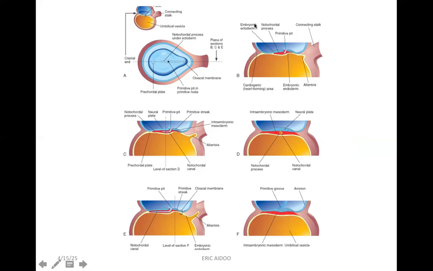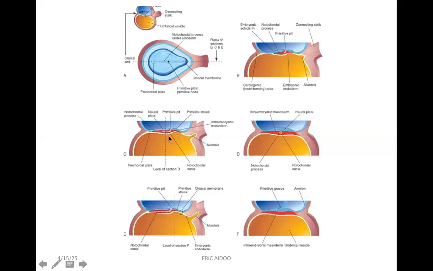All right, so the embryonic ectoderm is there, and then that is the embryonic endoderm. All right, that's the cardiogenic area, septum transversum. We'll talk about it during cardio. That is the allantois. We'll talk about it during GI, and then also renal.